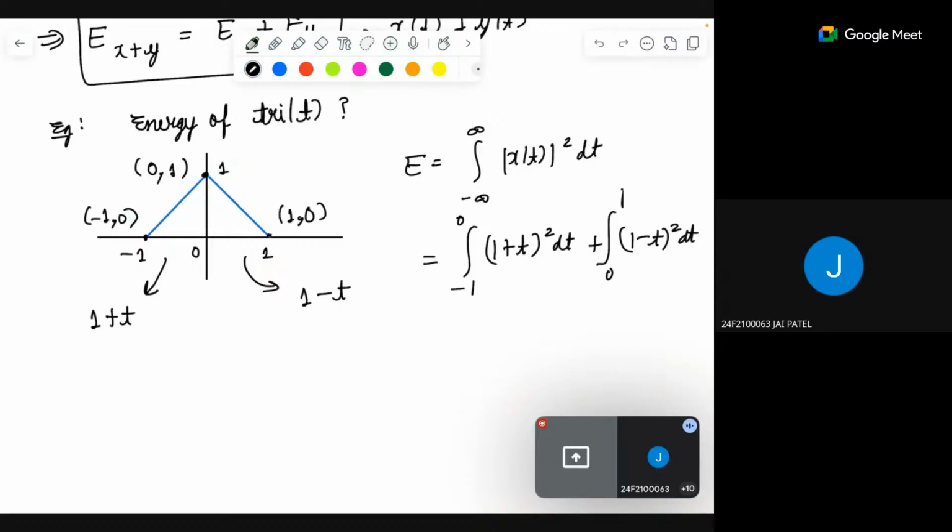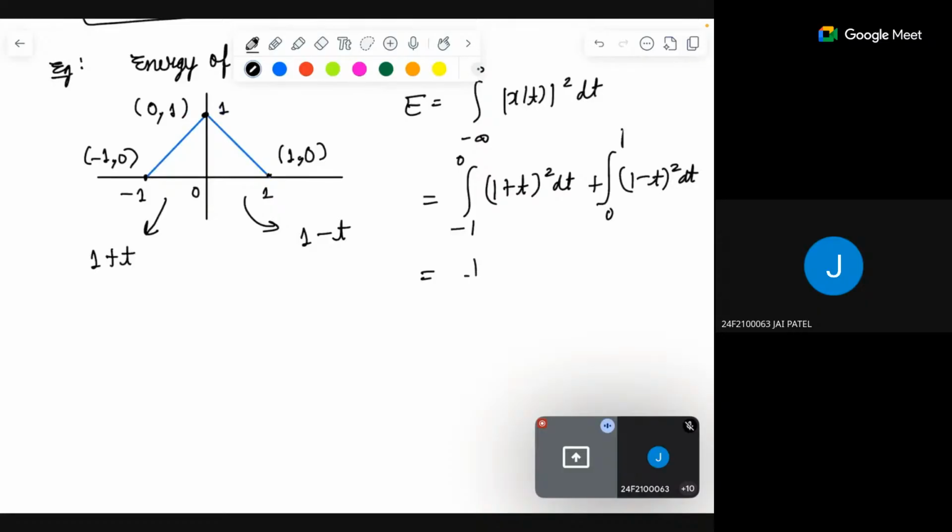Yes, they are orthogonal. And since it is a symmetrical figure, the energy of this part will be equal to the energy of this part. When you compute this, you will get 1 by 3 for the left hand side and 1 by 3 for the right hand side, and this is the energy that we get.